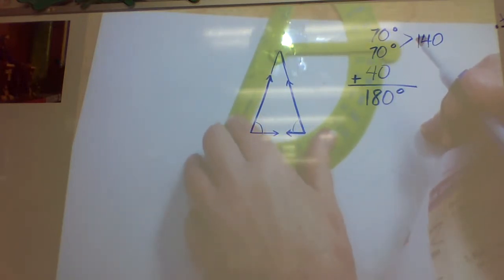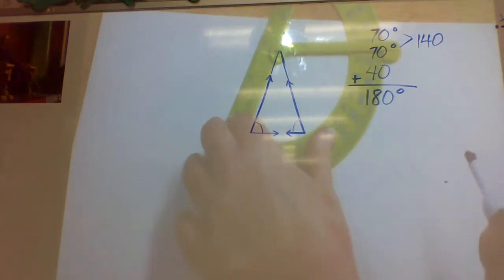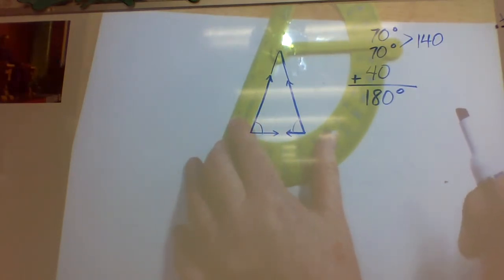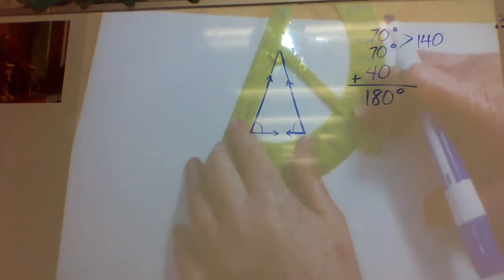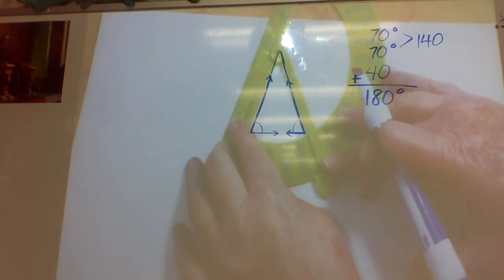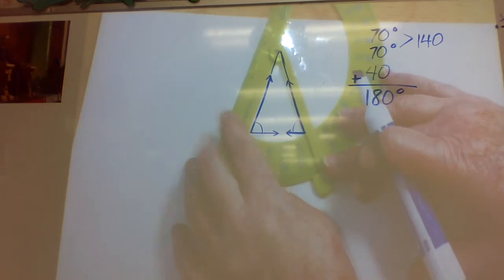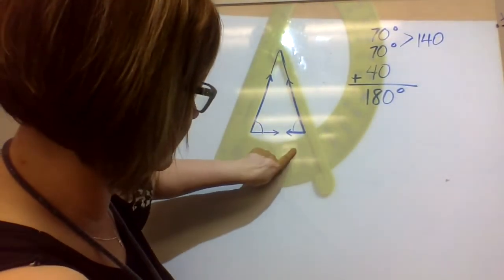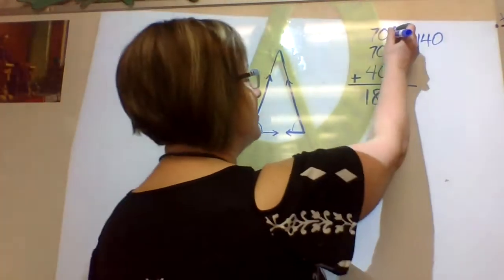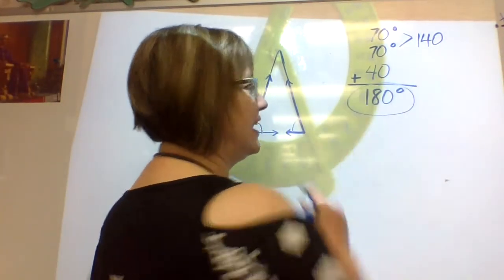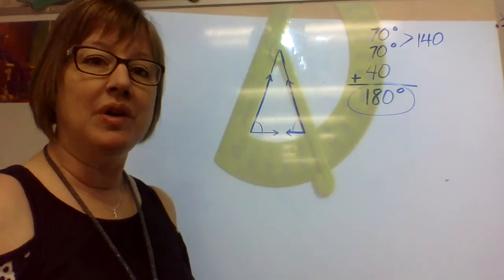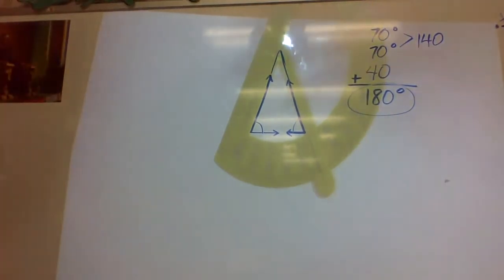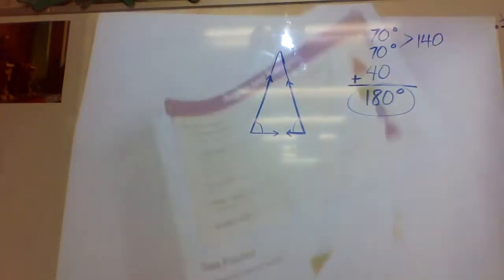Okay, the corner and one of them on the line, on the 0 line. And then you swing your arm down to here. Oh, it did work pretty well. Just a little bit off because my lines are not totally straight, but there's the 40 right there. Okay, so 70 plus 70 plus 40 equals 180. Every triangle will equal 180. Okay, every single triangle. It's kind of cool.